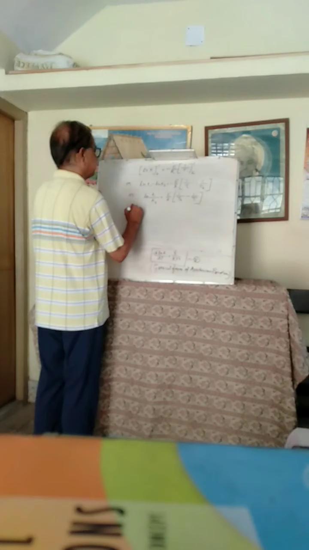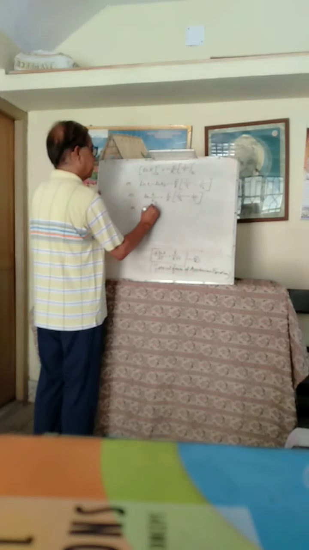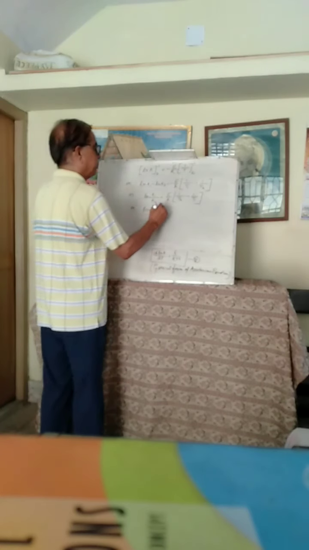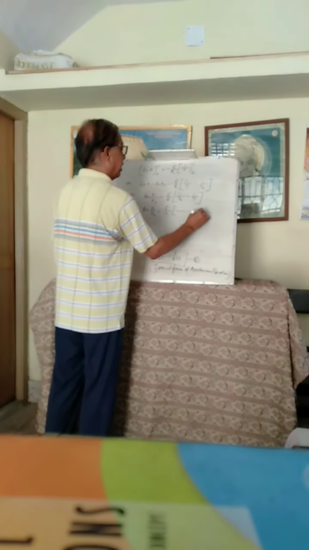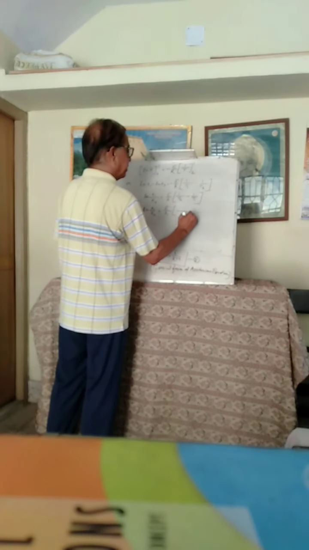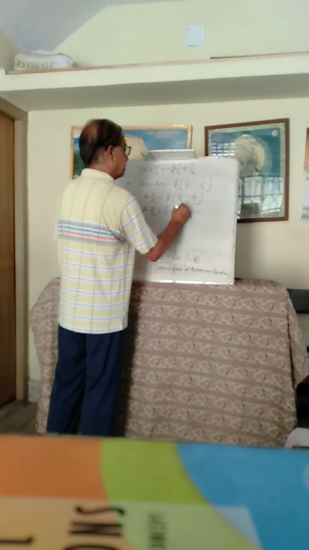Or ln k1 upon k2 is equal to E upon R, taking the LCM of these two quantities, T1 into T2, here T1 minus T2.